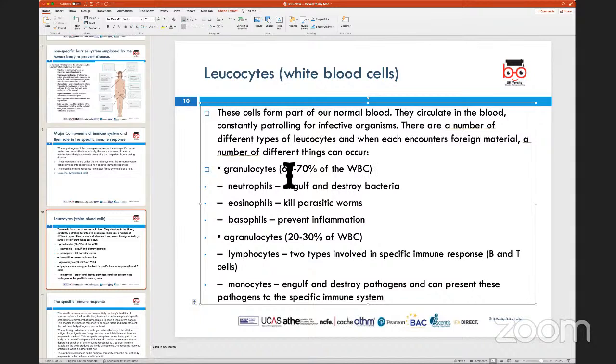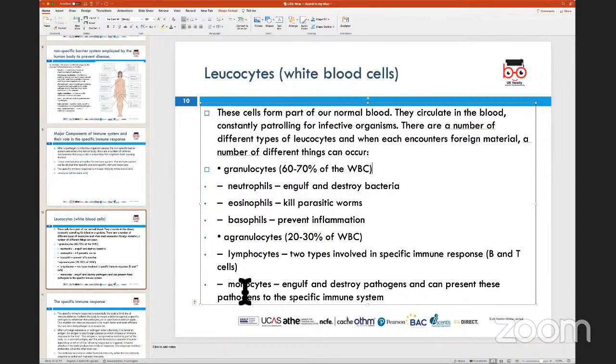Now, these lymphocytes are the ones which actually produce what are called the B and the T cells. So the B cells, which produce antibodies, and the T cells, which are the killer cells, will fight the infection or the pathogen which has entered your body. And then the second type of agranulocytes are called monocytes. They are the ones which engulf and destroy pathogens and can be present in certain locations within the body to prevent infections which can enter through the physical barriers.